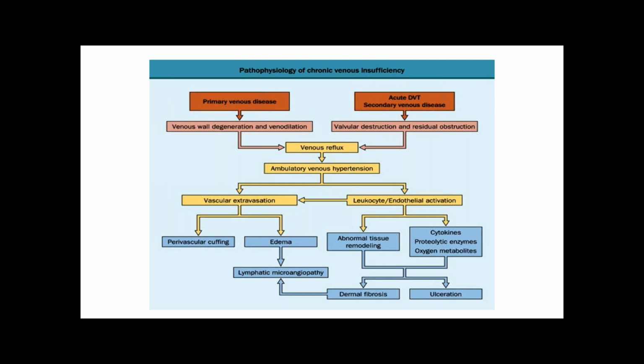Again, ambulatory venous hypertension will be elevated, and there will be the same leukocyte or endothelial activation, which will cause abnormal tissue remodeling, cytokines or proteolytic enzymes, and free oxygen metabolites or radicals, which ultimately lead to dermal fibrosis and ulceration, that is, ulcer formation. Dermal fibrosis in turn leads to lymphatic microangiopathy. So this is the pathophysiology overall.